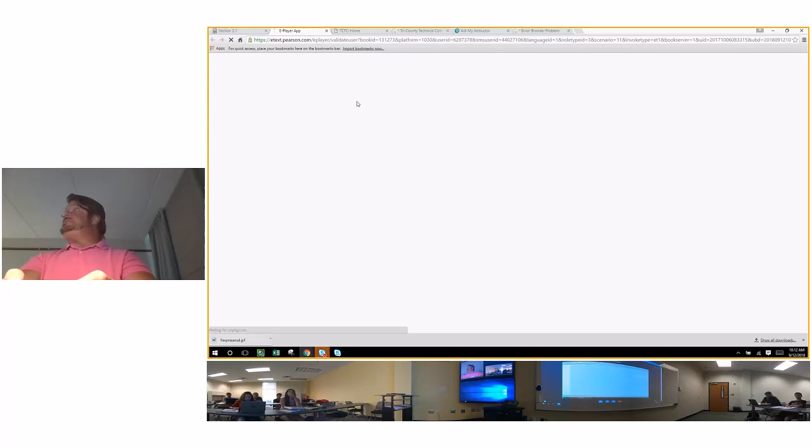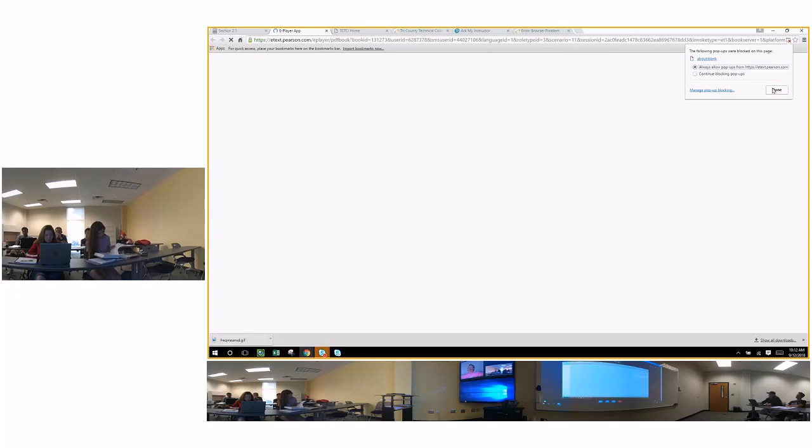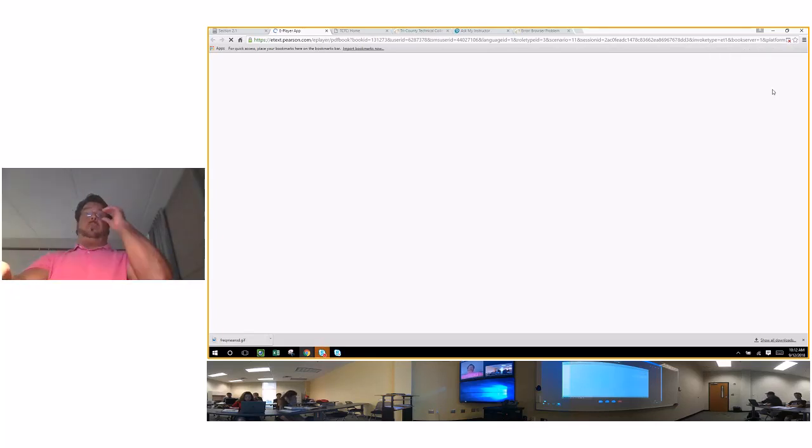This is how you find it algebraically, if it ever comes up. We are waiting. Oh, pop-up locked. And hopefully that will bring it up, since we can't do this.